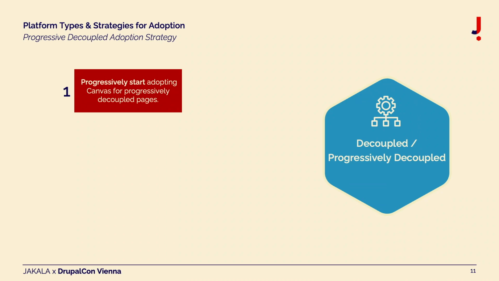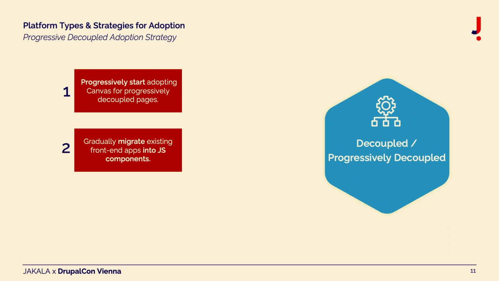pages, you enable Drupal Canvas on your website, you figure out which JavaScript components you can already move and use to replace your regular pages with Drupal Canvas. As a next step, you can migrate all your JavaScripts which are just embedded widgets.